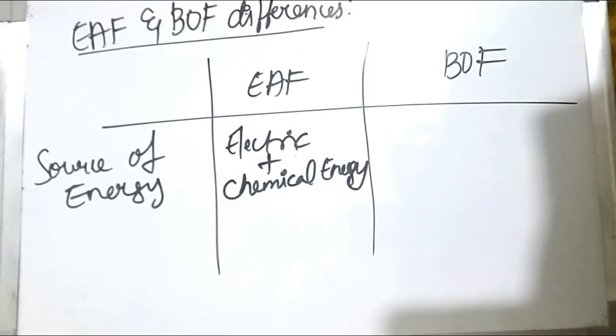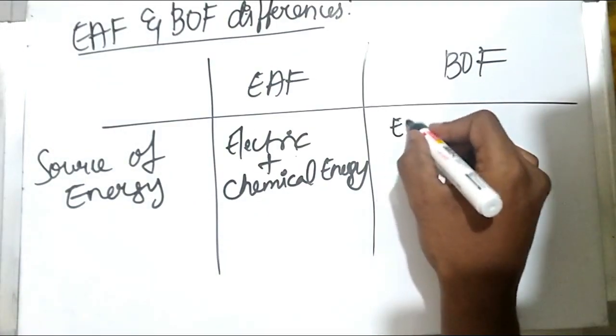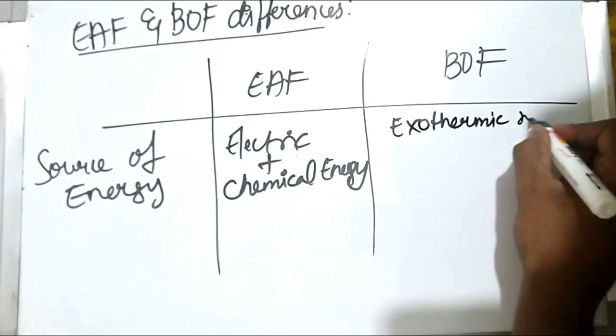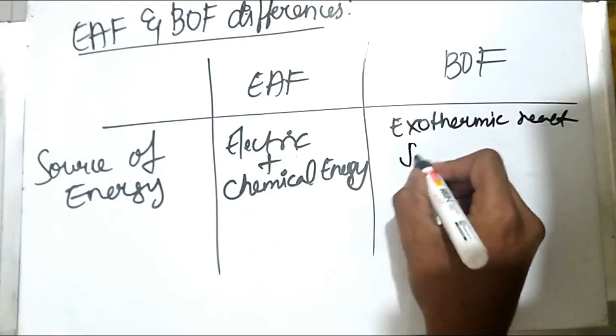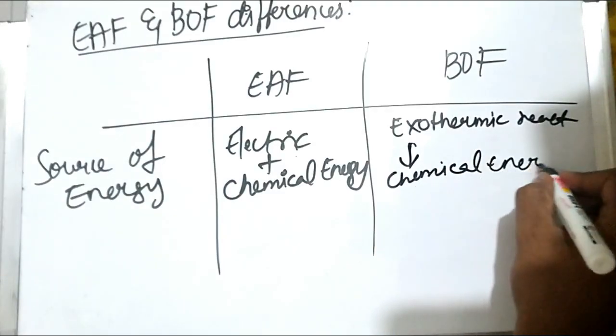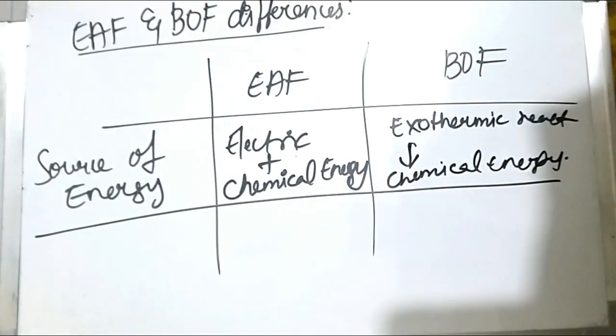As we know, graphite electrodes are utilized for arcing, and electric energy is produced, and because of the combustion and some reactions, the chemical energy is also utilized. Whereas in BOF, because of the exothermic reactions, it provides the chemical energy. Okay, this is the most important difference between the both.